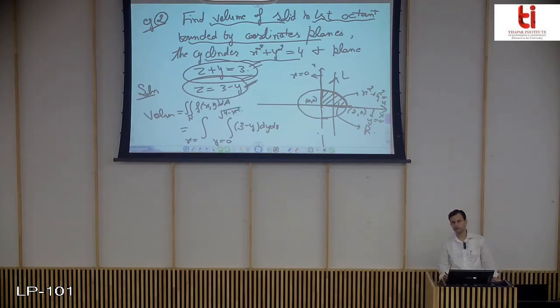It is a circle. So in terms of y, the equation of this boundary is square root of 4 minus x square, and the values of x that enclose this are x equals 0 to 2. So this is how we find your volume.